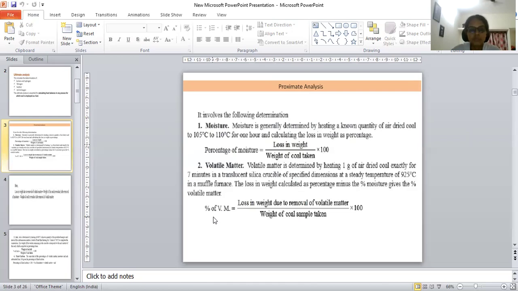Percentage of volatile matter is equal to loss in weight due to removal of volatile matter by weight of coal sample taken into 100. This is the process of determination of volatile matter.